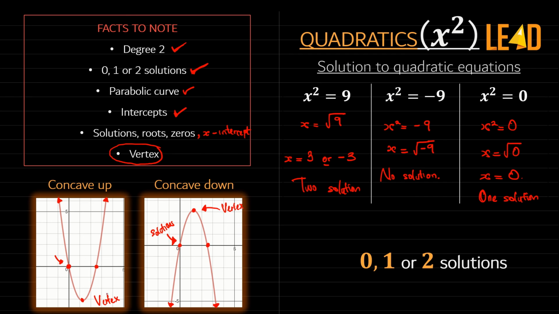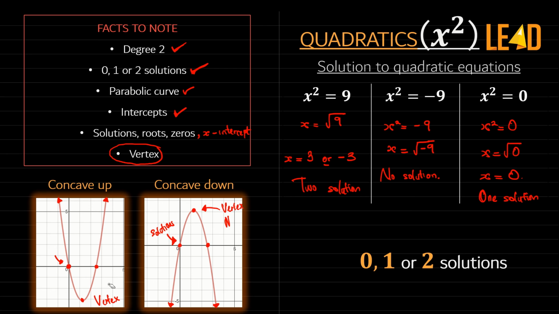Your vertex can be a maximum or a minimum. If it's concave up, if your direction of opening is up, then your vertex would be a maximum. So this is a maximum vertex. If your direction of opening is down, your vertex would be a minimum. I just made a mistake. Okay, let me take that again.